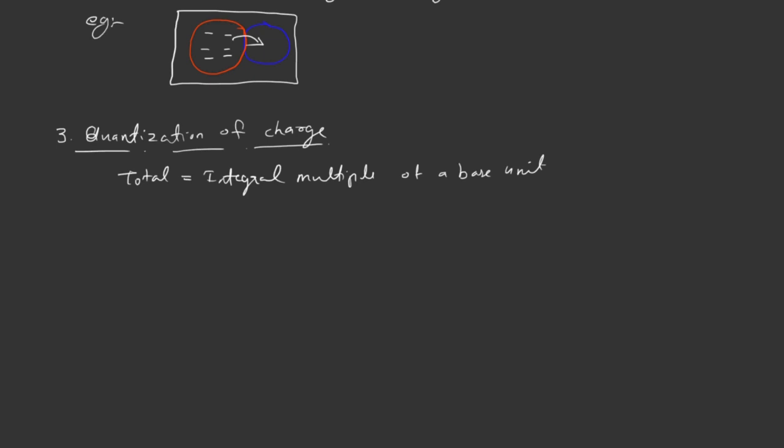So, in this case of quantization of charge, the total charge is an integral multiple of a base unit, and the base unit here we call E. So, I can say the total charge Q is equal to N into E, where Q is the total charge, N is an integer, and E is the base unit.